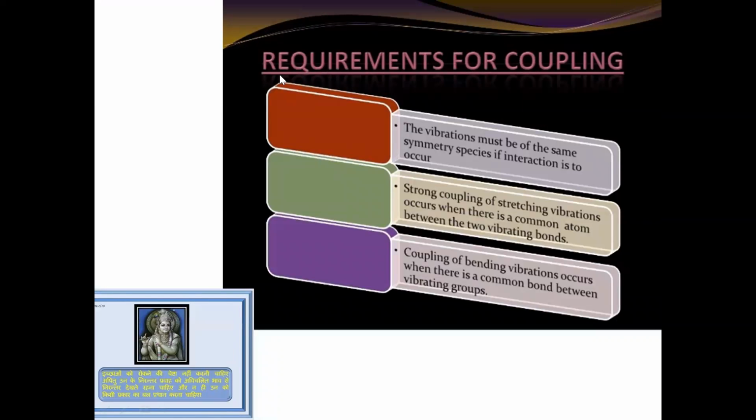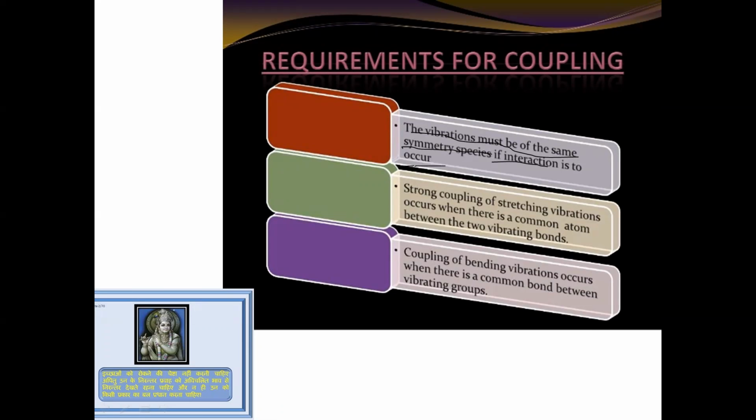Next we will talk about the requirements for coupling. There are several factors we will discuss here. The vibrations must be of the same symmetry species if interaction is to occur.